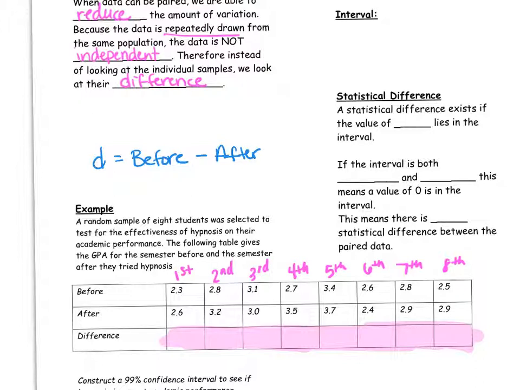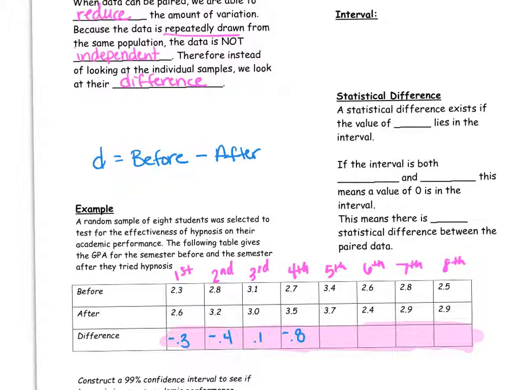So for instance, look at the first one. What's 2.3 minus 2.6? Thank you. It's negative 0.3. What's 2.8 minus 3.2? 3.1 minus 3.0. Positive 0.1. 2.7 minus 3.5.